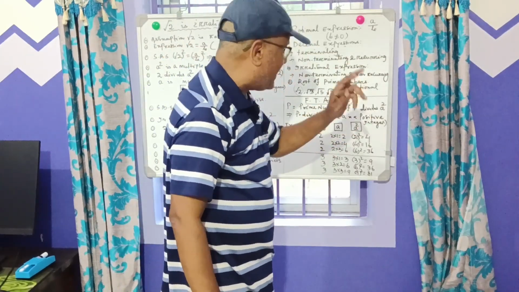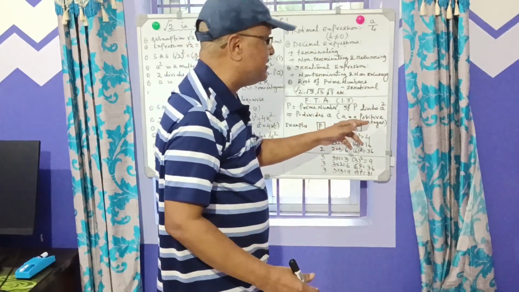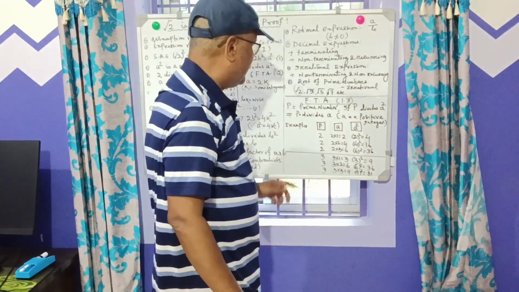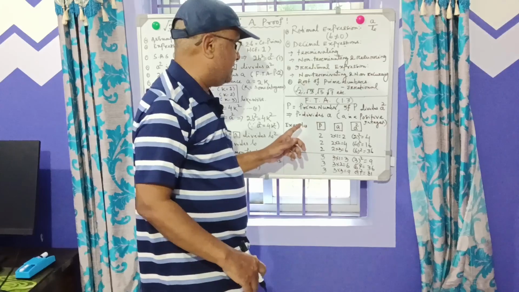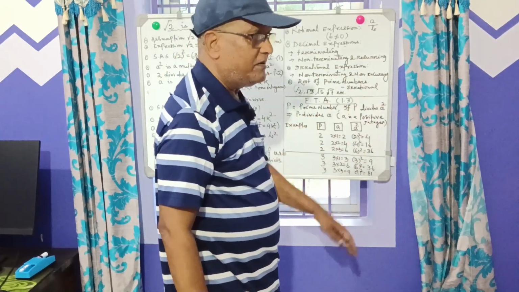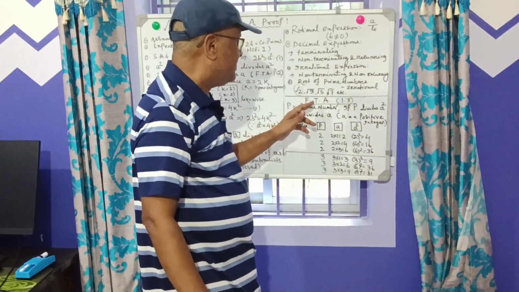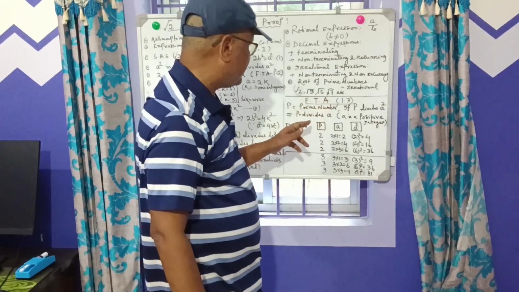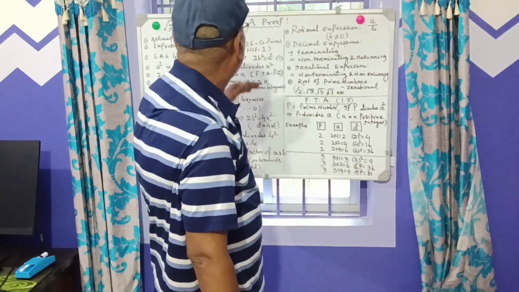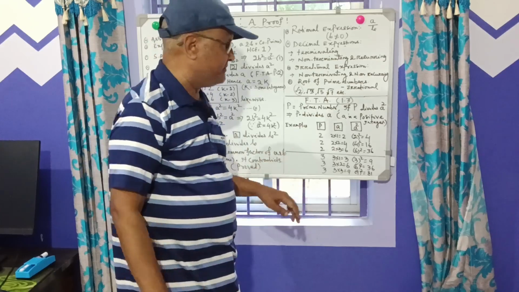If P divides A square, where A is a positive integer, it implies that P also divides A. That is the basic concept of the theorem, and based on this theorem, root 2 is irrational has been proved.